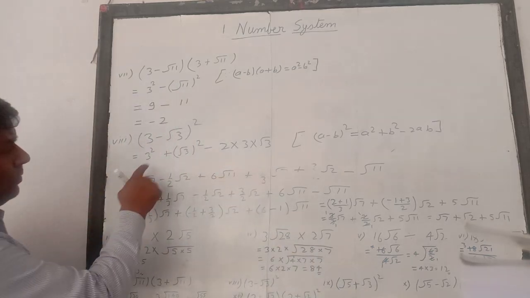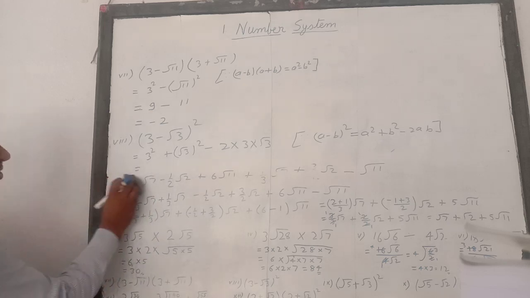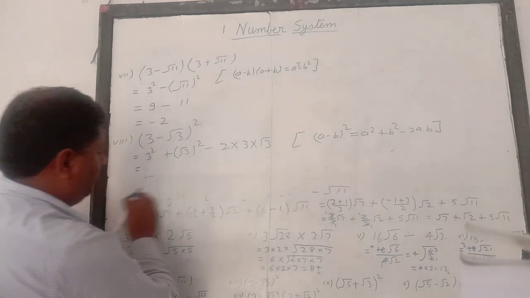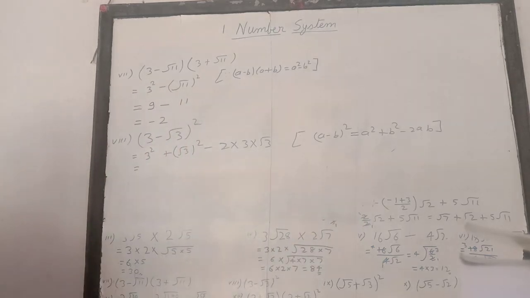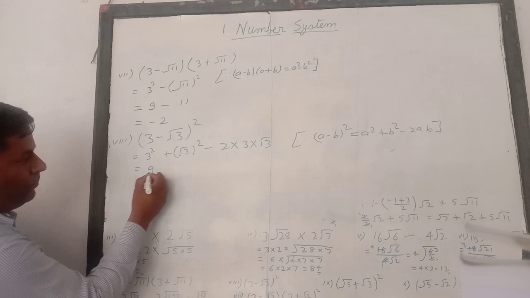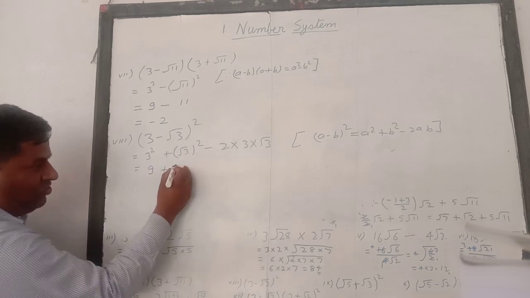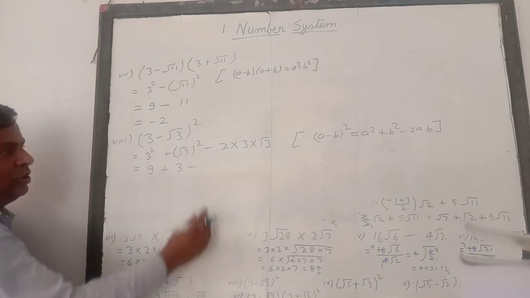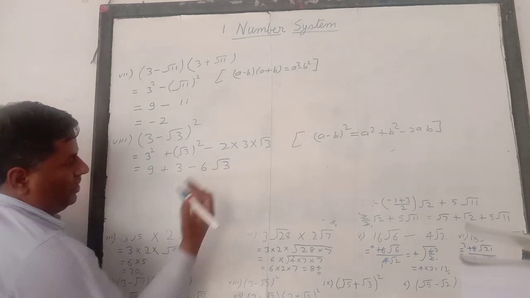Now what is this? Next it is 3 squared, so 3 squared will be 9 plus root 3 squared will be root 3 into root 3, which is 3, minus 2 into 3, 6 root 3.